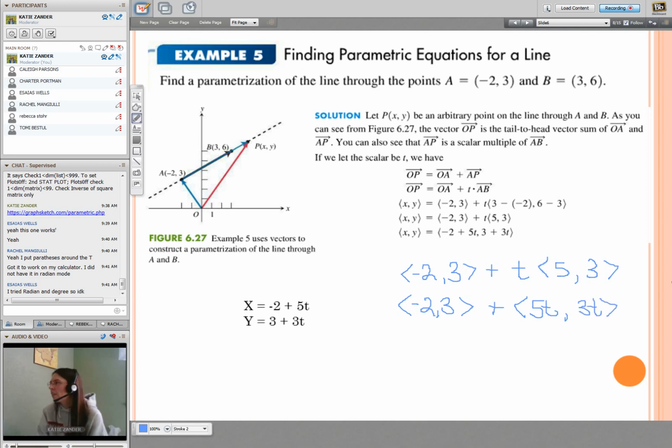Nothing spectacular there. And then you can add them together. So when I add that together, I get negative 2 plus 5t, and I get 3 plus 3t for the y component. So the first one is the x and the second one is your y. And now you just created your parametric equations for the line there.